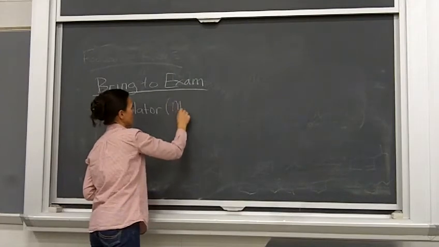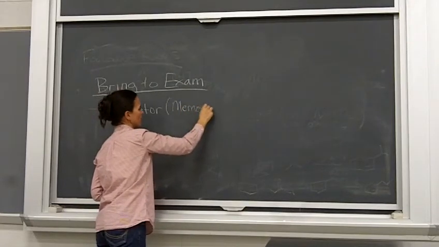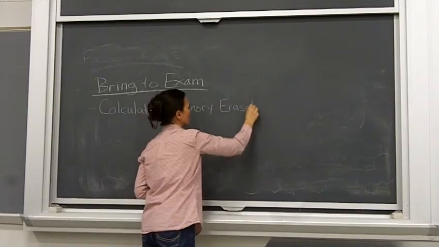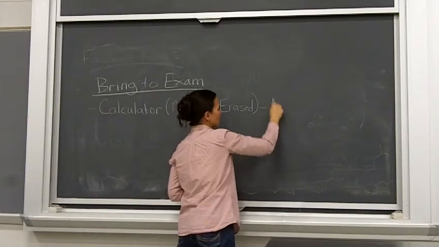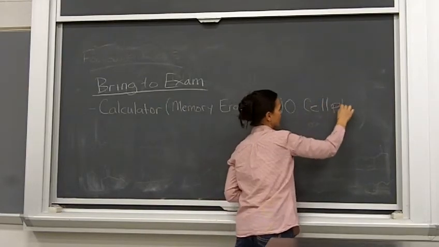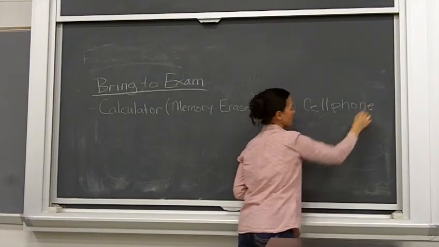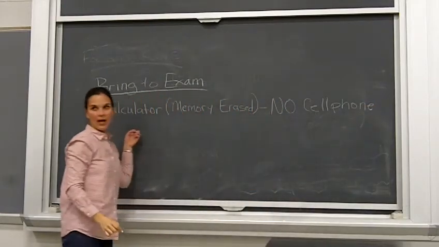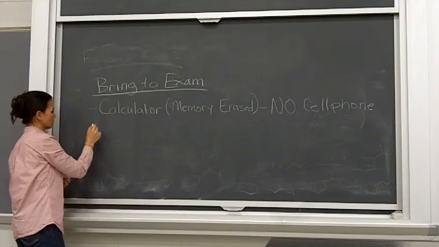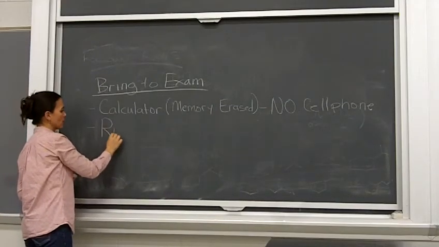The memory should be erased, so it shouldn't be full of all sorts of really nice organic lab information. And you can't use a cell phone as a calculator. So you have to have an actual calculator. So make sure that you have a calculator with you. Bring a calculator.